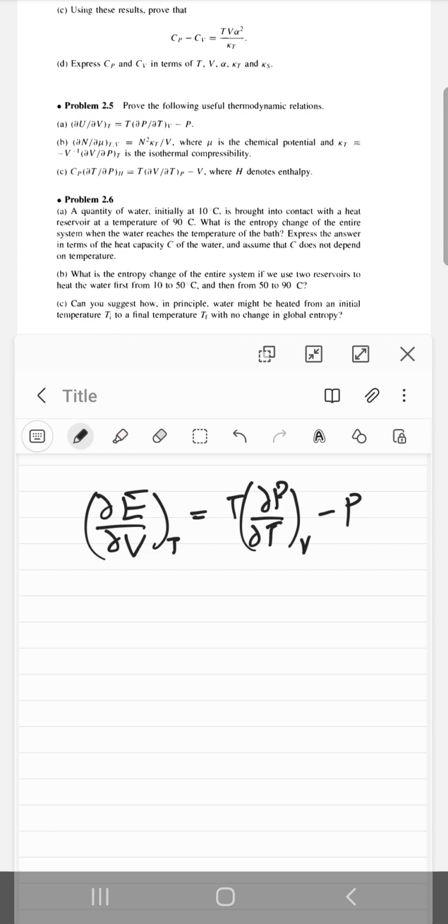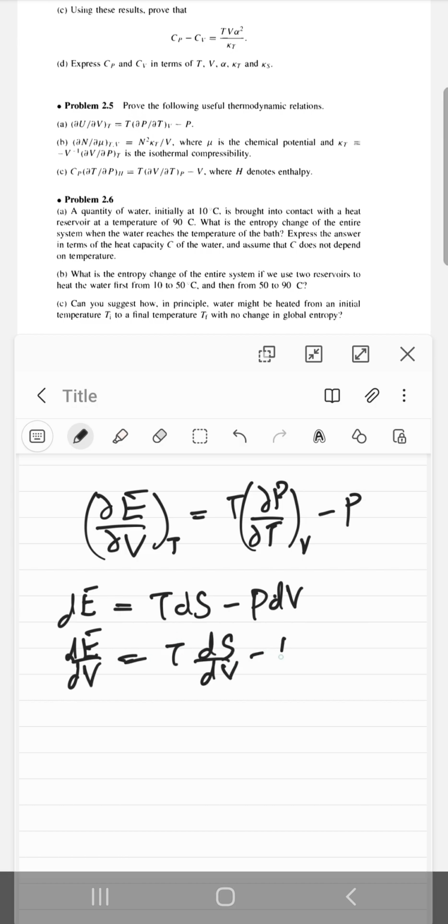You know that dE equals TdS minus PdV, right? So divide by dV, and we get dE upon dV is equal to TdS upon dV minus P. But now this should happen at constant temperature, so take a partial derivative basically. And yeah, this is what you get.